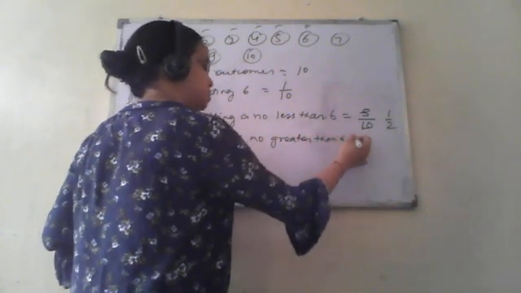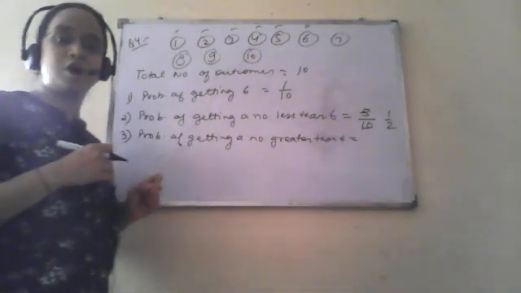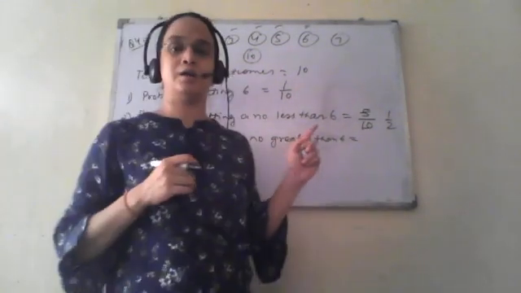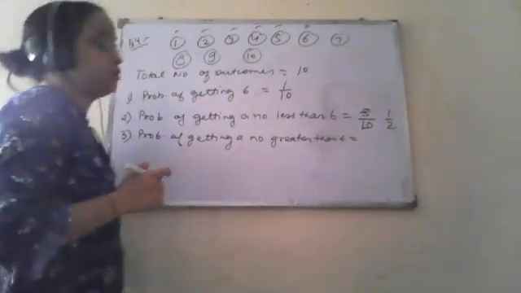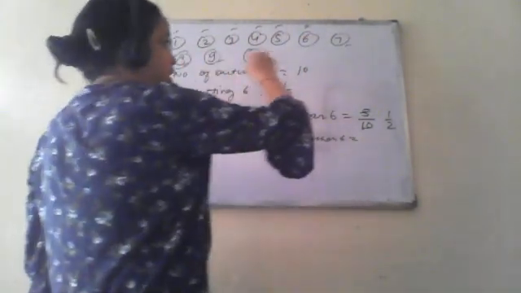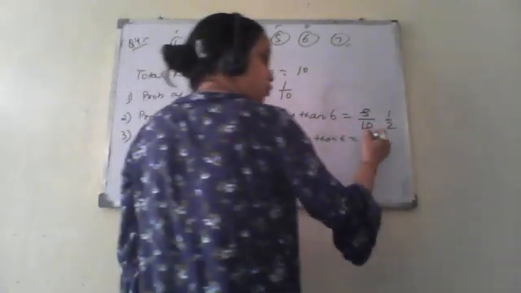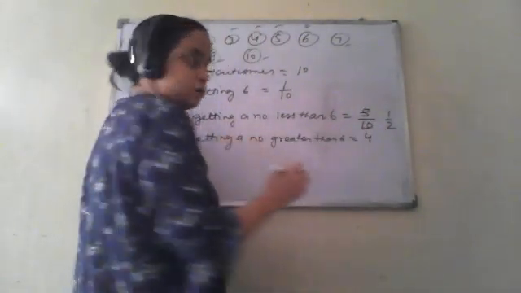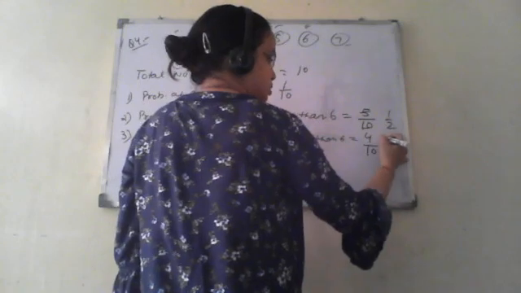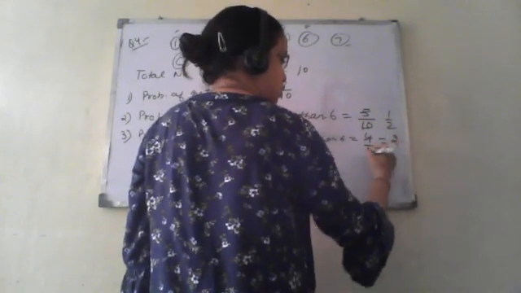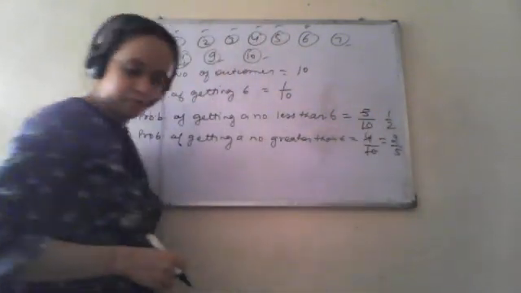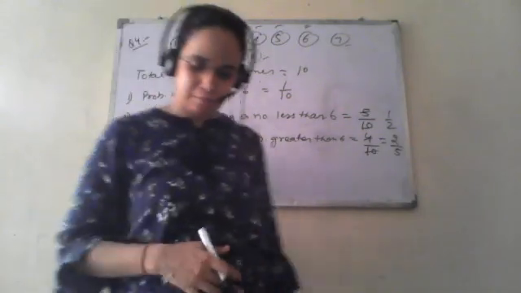So how many outcomes are there regarding this event? Either we can get 7, 8, 9 or 10. So there are 4 outcomes upon the total number of outcomes, which is 10. So it is 2 upon 5. So 2 upon 5 is the probability of getting a number greater than 6.